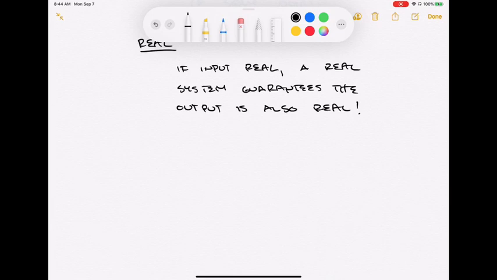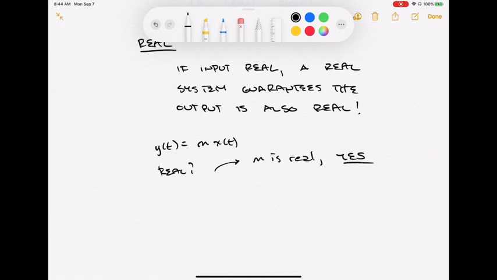So let's take some cases again on this. Suppose I had y of t equals m x of t. Is that system real? Well, I don't think we can answer this unless I know about m. If m is real, then yes, the system is real because we constrained x to be real and y would be real as long as m was also real.